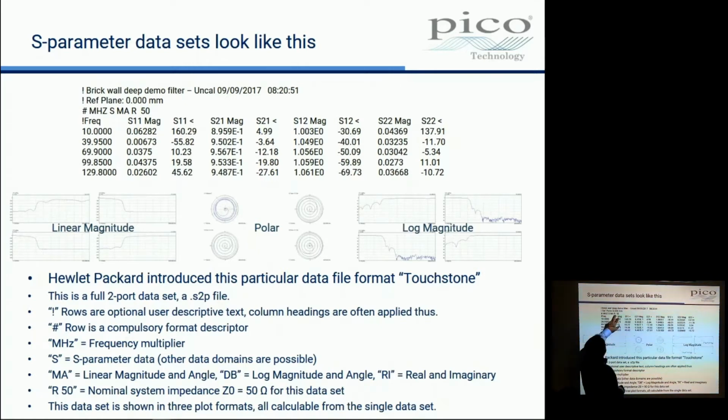And then this is R50, nominal system impedance Z0 equals 50 ohms for this data set. The data set need not be 50 ohms, it can be 75 ohms of course, but it can also be a complex impedance, not from our VNA it can't, but it could be. So the file format can deal with complex impedance here as well.